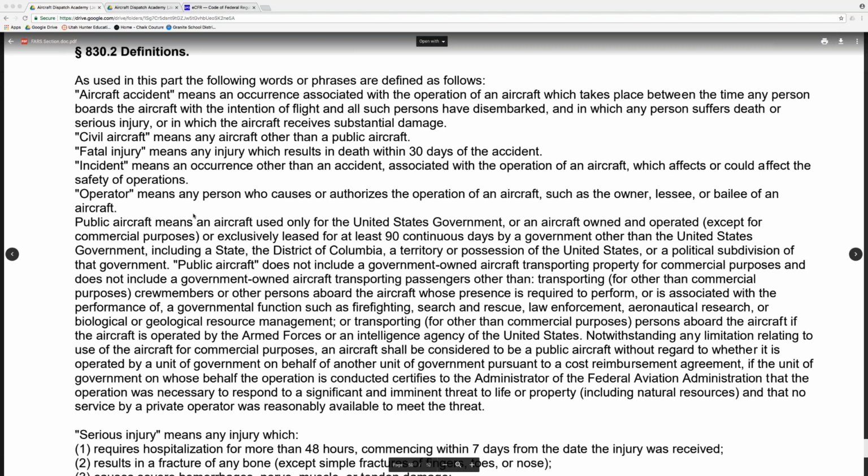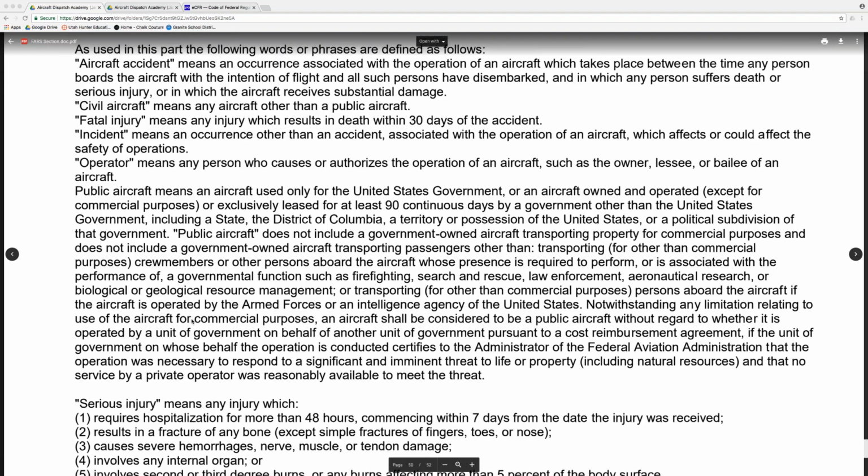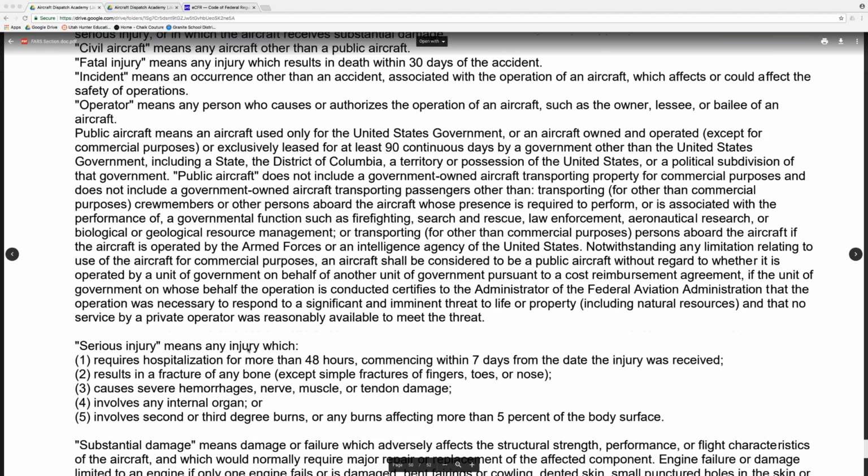You will get asked questions off of this document, but I would rely more on your ADX test prep software to provide those questions and definitions, because it's not something we're really going to use as dispatchers. And when we do, we'll remember that if there was an emergency or an accident, we go to document NTSB 830, right?